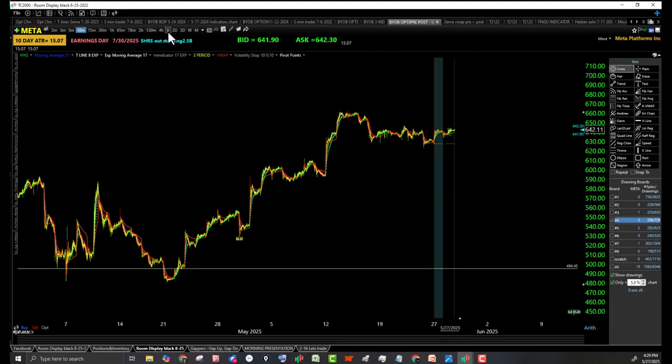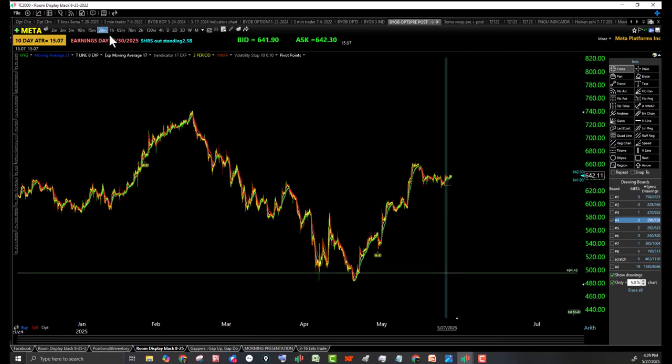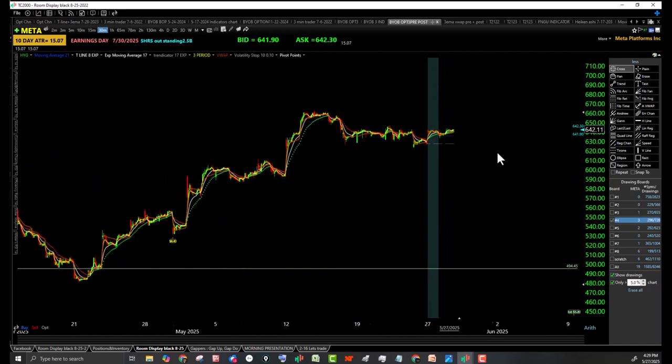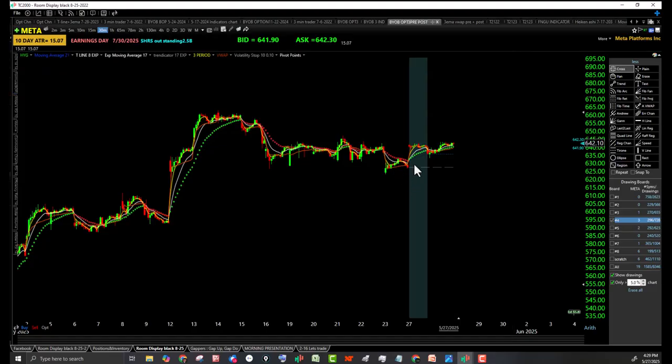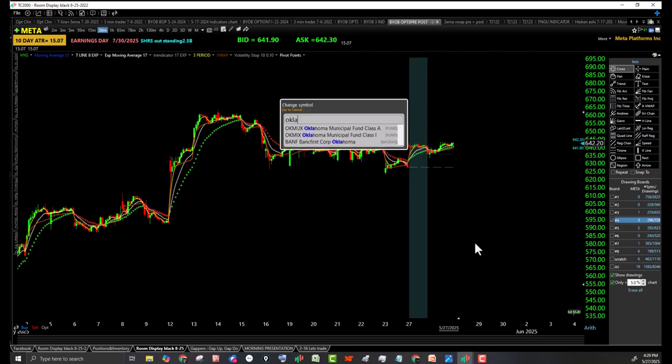On the 30-minute chart, you can see right here, many touches right up here. I see ascending lows right here. That's looking good. Winding up. Looks like a breakout's going to happen tomorrow morning. We'll see. There's Meta.